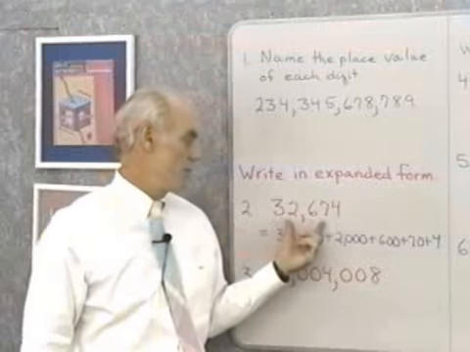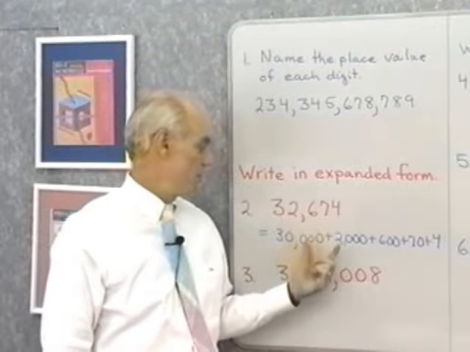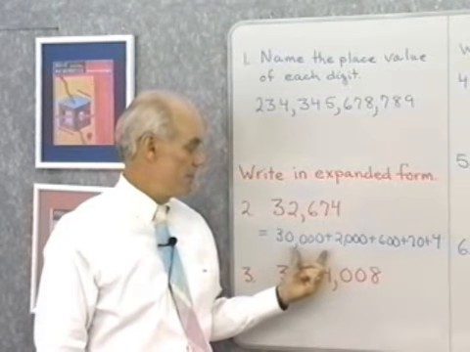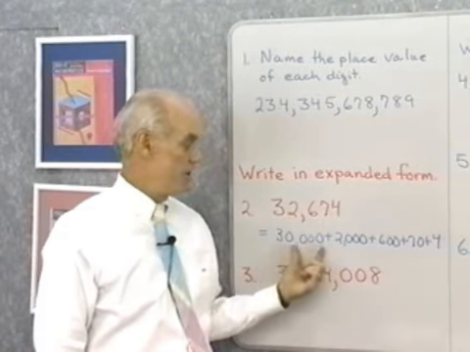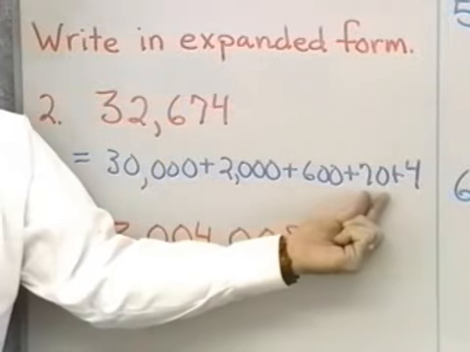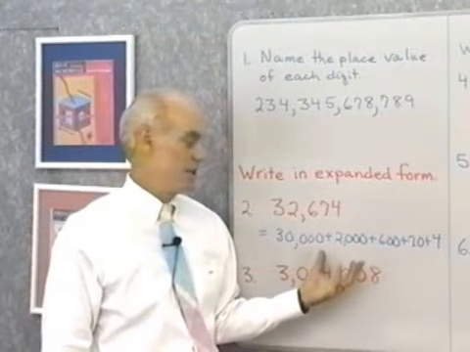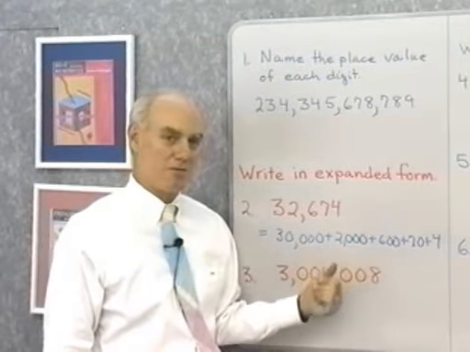So writing this number 32,674 in expanded form like this, what we have is sort of the meaning of the number, 30,000 plus 2,000 plus 600 plus 70 plus 4, and that will help us out later on when we look at addition and subtraction, multiplication and division for whole numbers.